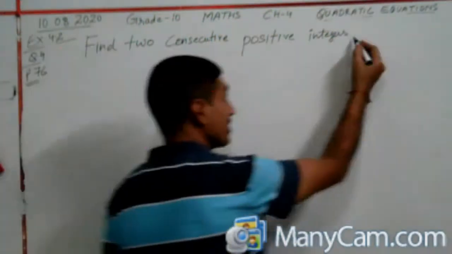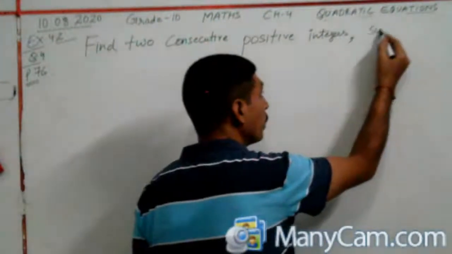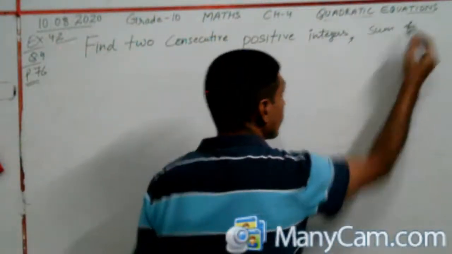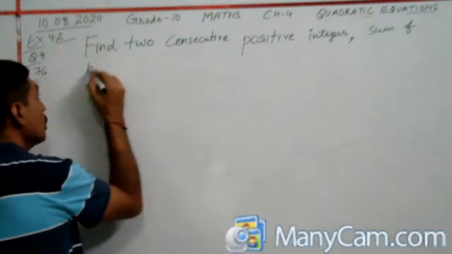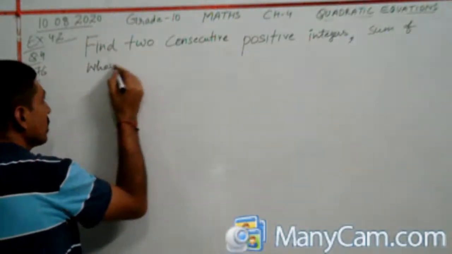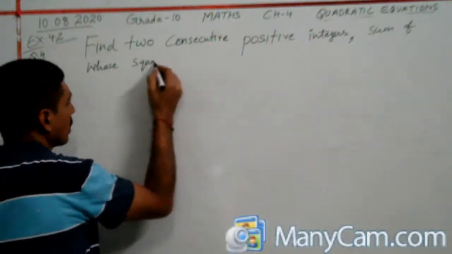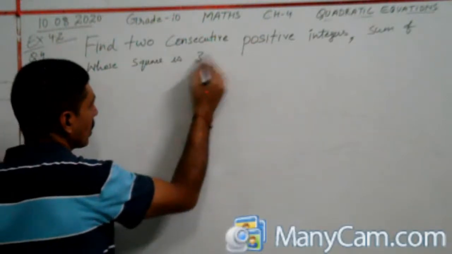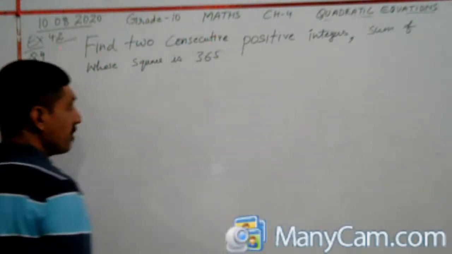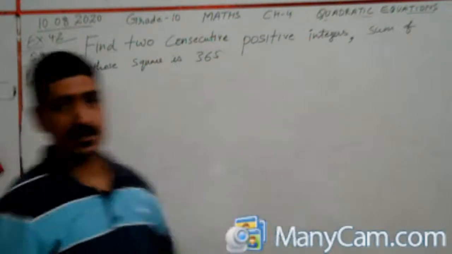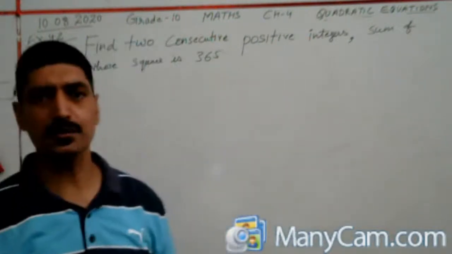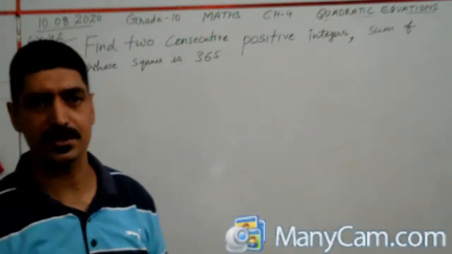The question is changed. So what are the positive integers? Positive integers are 1, 2, 3, 4. All natural numbers are positive integers.